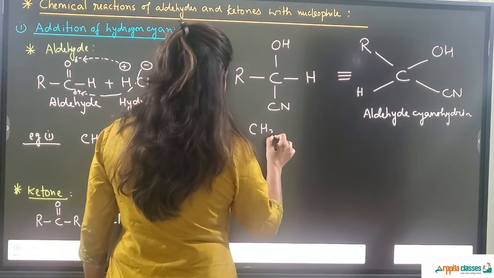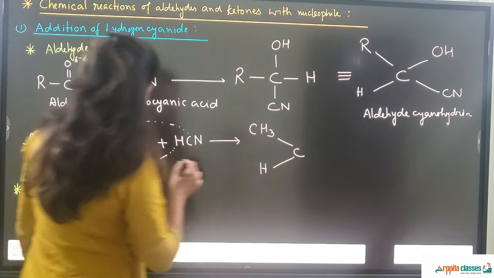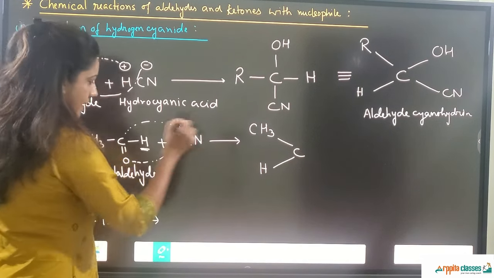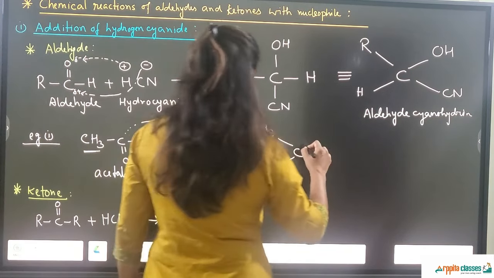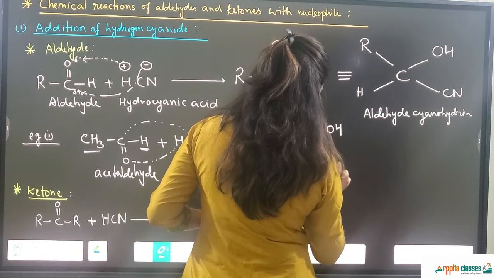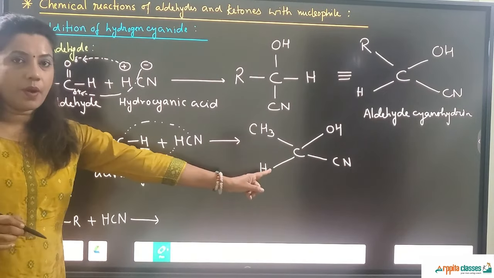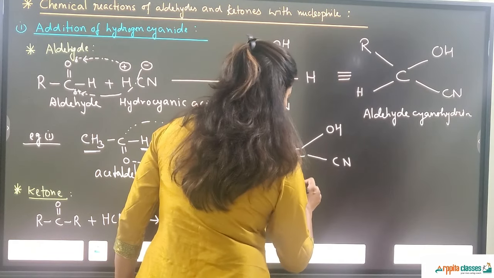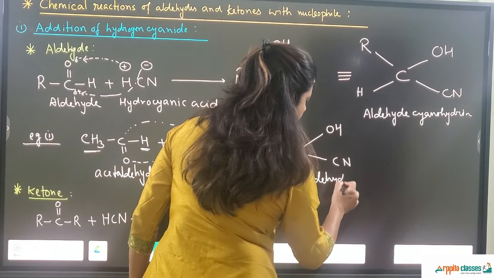So we get CH3, and H is already there, with the middle carbon. This carbon will have OH on one side and CN attached on the other side. So this cyanohydrin has formed from acetaldehyde. The name of the compound is acetaldehyde cyanohydrin.